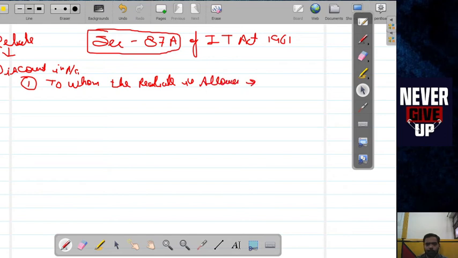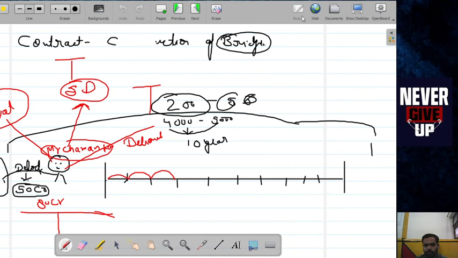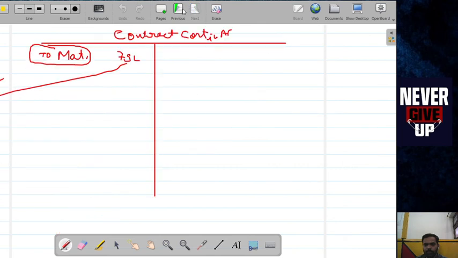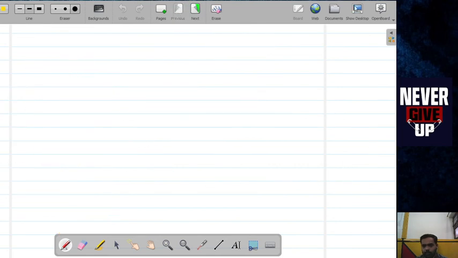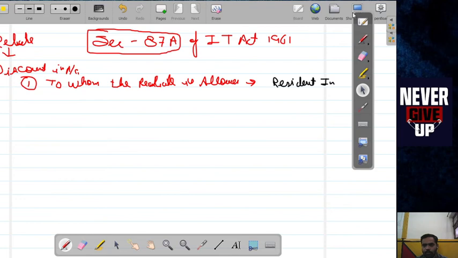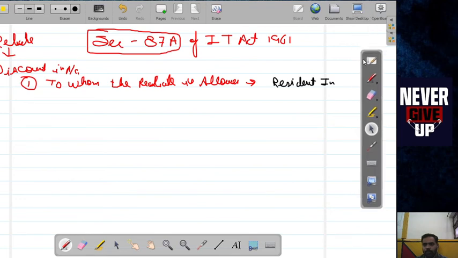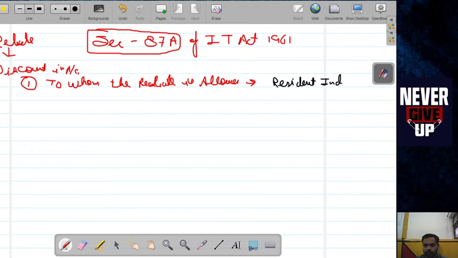Only and only resident individuals. The rebate, the discount, is allowed only and only to a resident and individual.